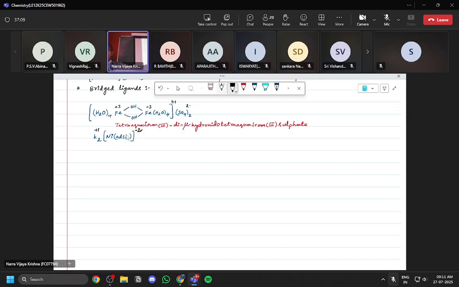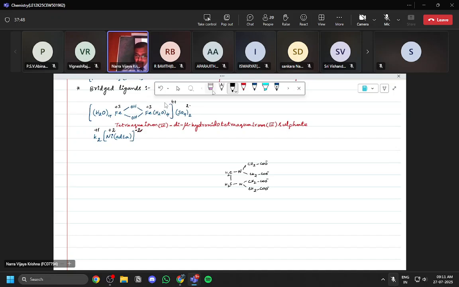Now it is EDTA, ethylenediaminetetraacetato. So what is the charge of the ligand? 4-. Means what is the charge of the central metal? +2.